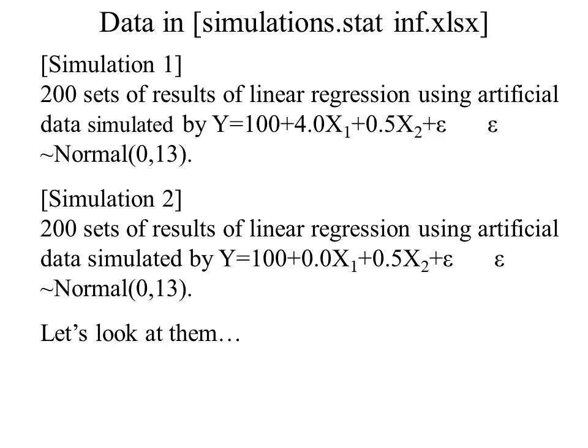In Simulation 2, the value of B1 was changed from 4.0 to 0.0, but the other parameter values were kept unchanged, and then another bunch of 200 datasets and regression results were produced. Note, the number 200 is used here for two completely different things. In each of the two simulation exercises, a set of 200 simulations were done, and each of the simulations produced artificial data on 200 hypothetical persons.